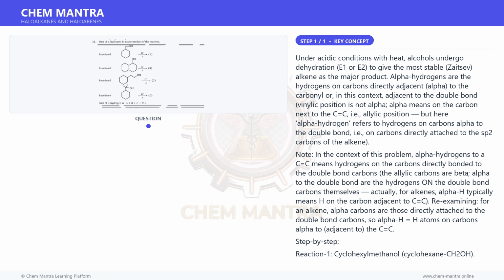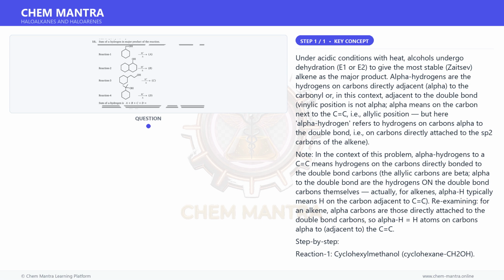For delta 1,2-octalin, most substituted in decalin, allylic H count C3 2 H, C8A 1 H bridgehead. That's only 3. For delta 2,3, allylic H at C1 2 H, C4 2 H is equal to 4 H. With these numbers it's hard to reach 32.